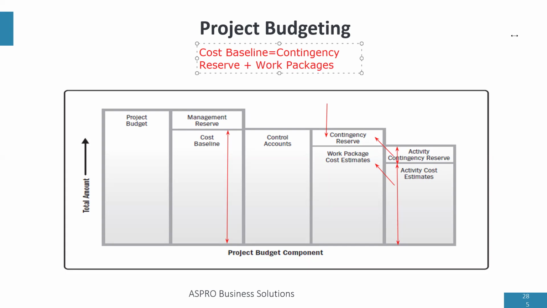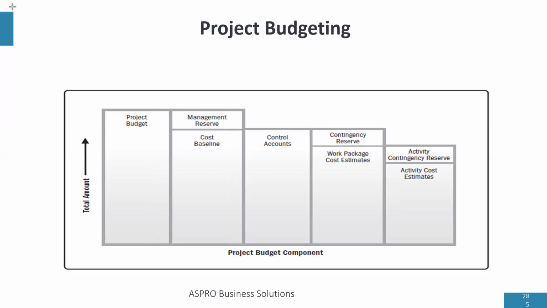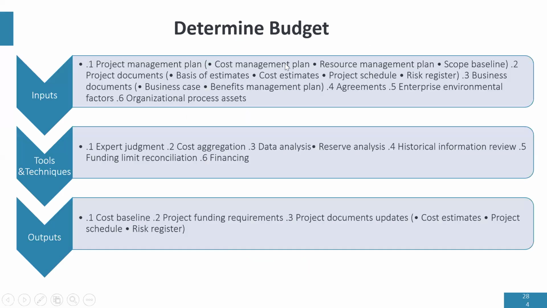But guess what? We still have a project budget. And the project budget is not the same thing as a cost baseline. So what's going on here? I thought we were talking about the budget. We are talking about the budget, but there's something you need to know. If you look at this process, it's called determine budget, but the output of the process is cost baseline, not project budget.